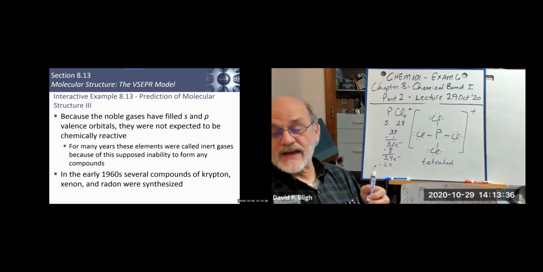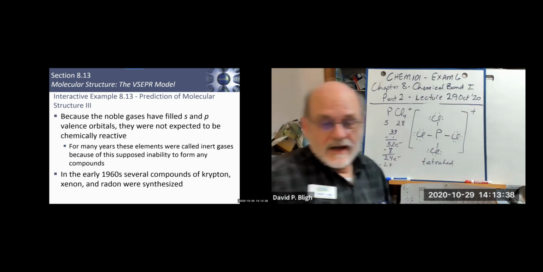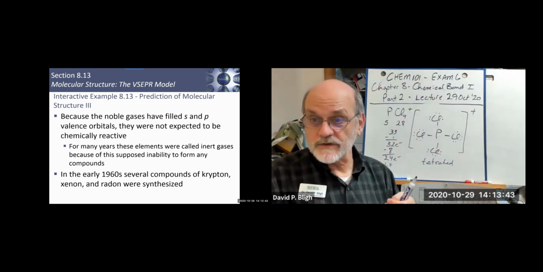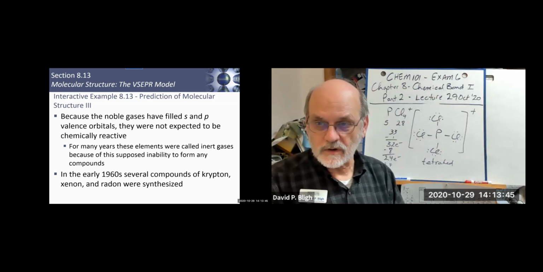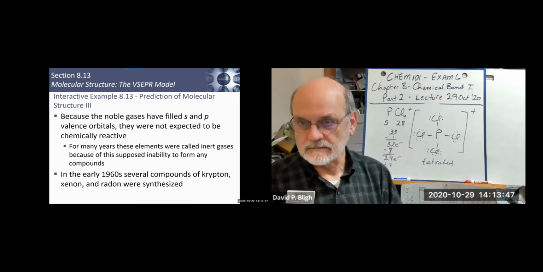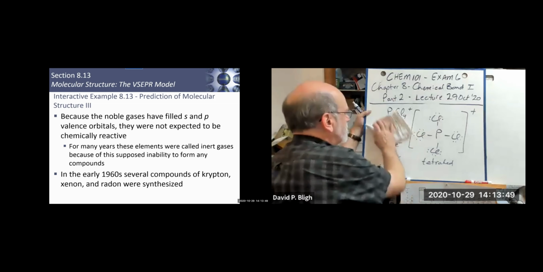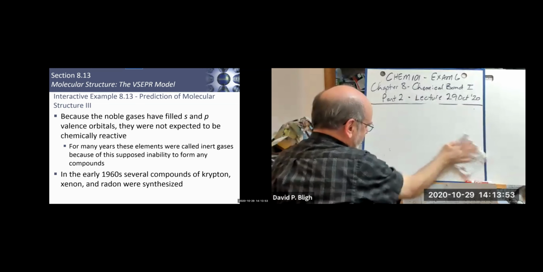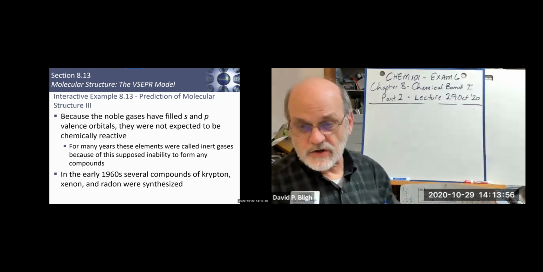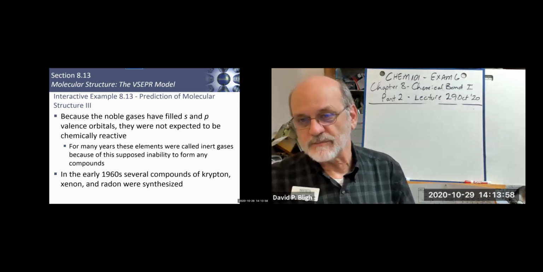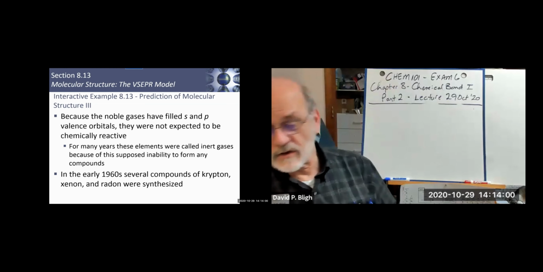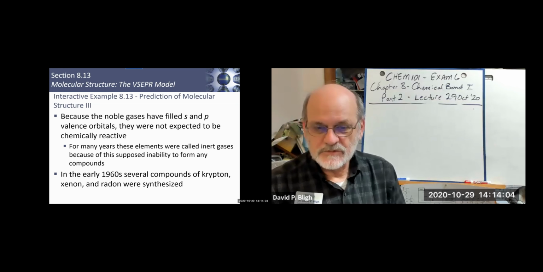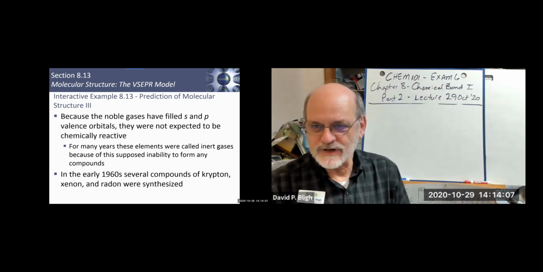This just mentions the fact that for many years, it was believed that compounds with the noble gases were forbidden. They were impossible. But that just goes to show you that you never tell a scientist that something's impossible. He or she is going to find a way, if at all possible, to defy that prediction.